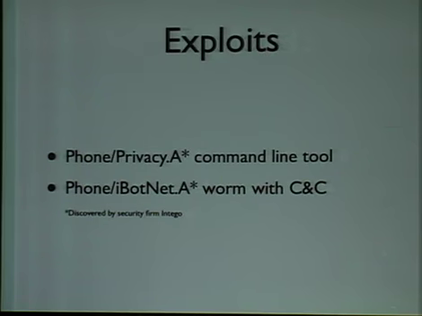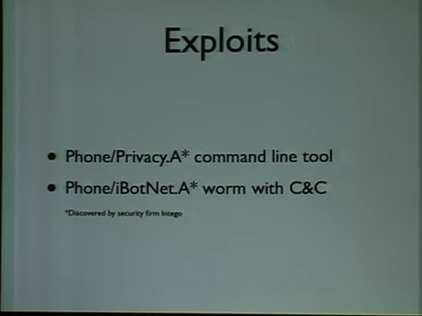Two tools came out, and these were both discovered by the security firm Intego. They have a great OS X and iPhone security report from 2009. These guys discovered what they tagged as privacy.a, a command line Python tool where you identify an exploitable iPhone, point the script at it, and it asks what you want to download, and you just start pillaging things.